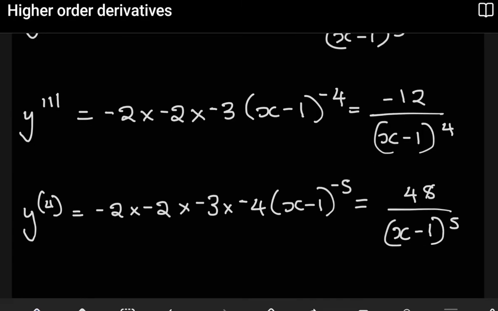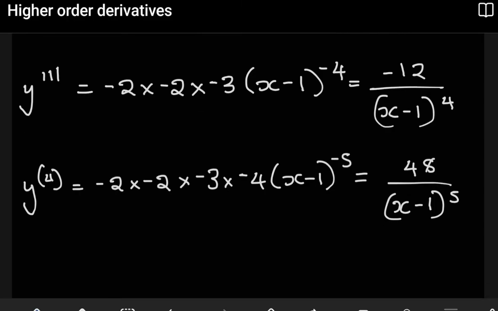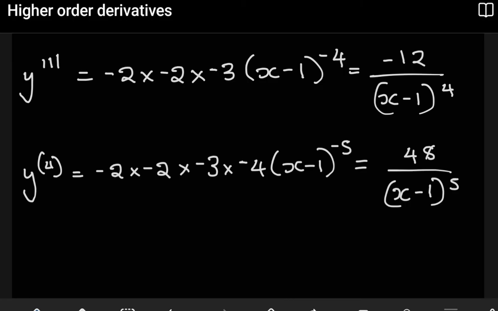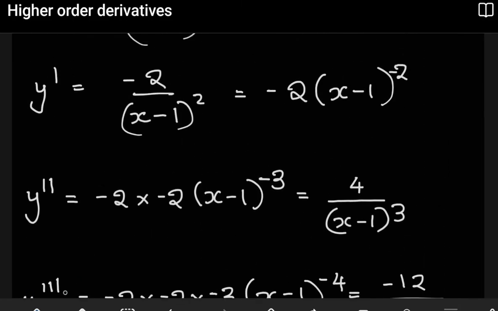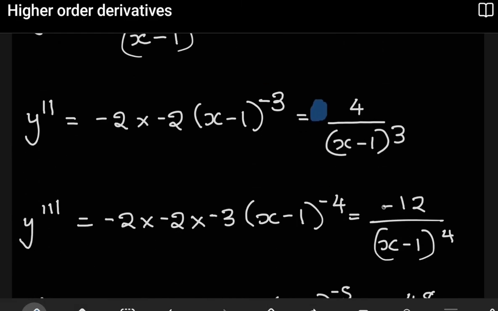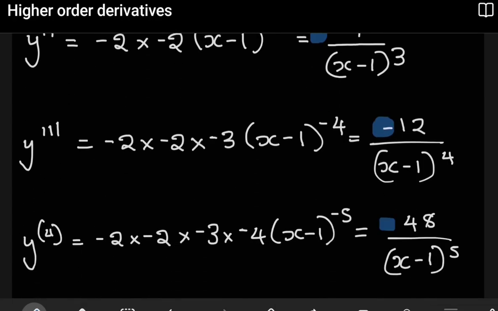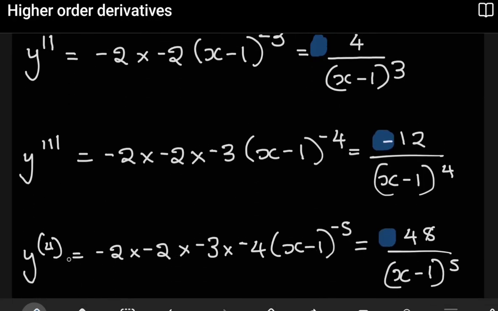We can do this one more time, but already a pattern is starting to show here. Let's see what we have to do. First and foremost, there's a negative that we have to control. It's present, it's not there, it's present, it's not there. So it's present when the power is odd, and it's absent when the power is even.